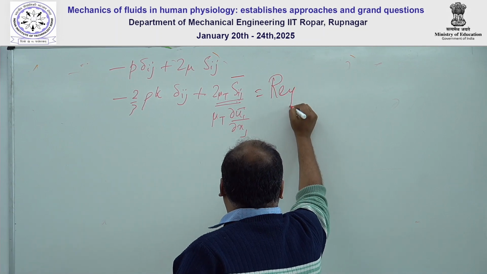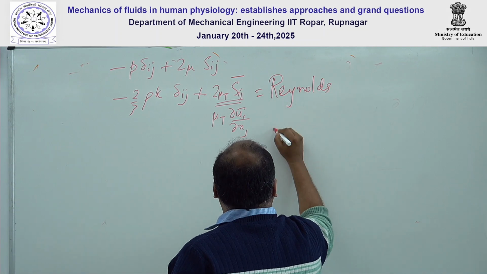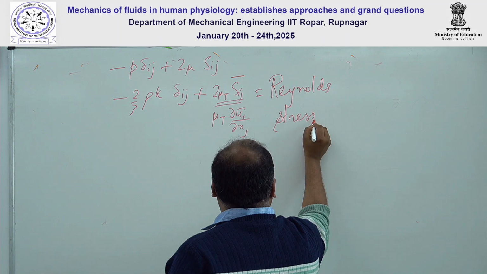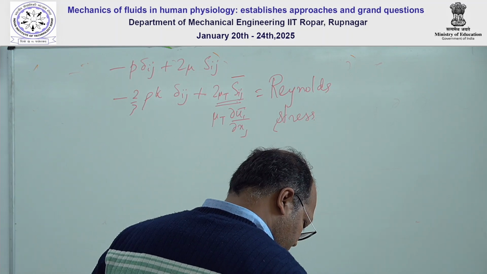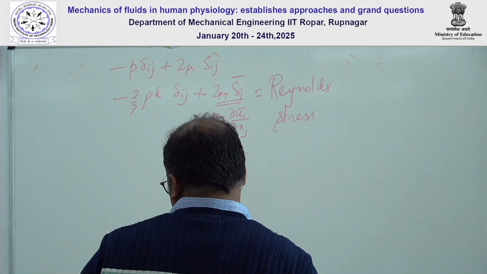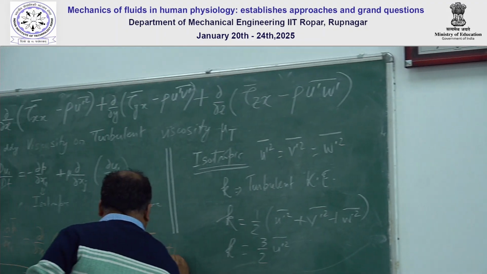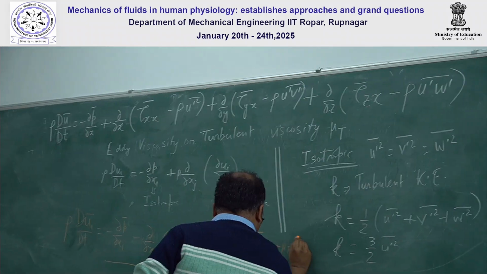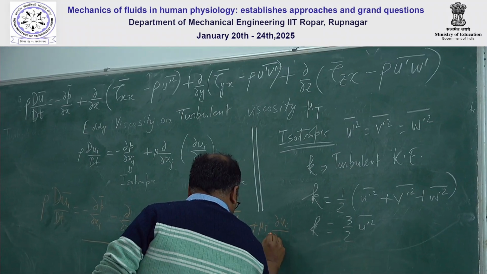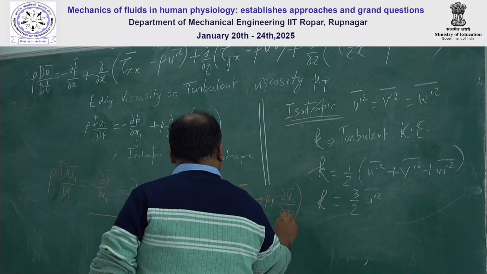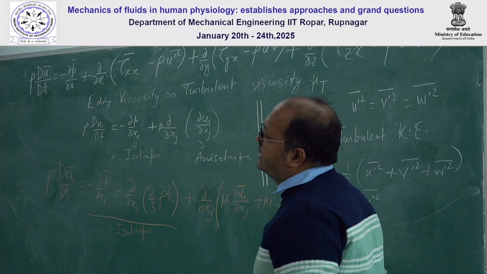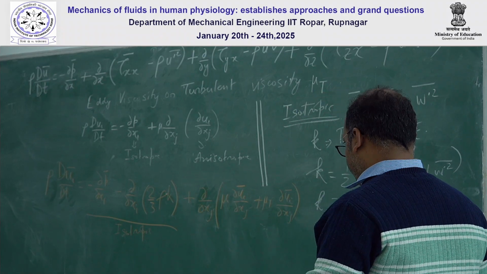So this is the Reynolds stress here, and if we write it this way, we will be getting this plus mu_t del y del x. And this mu_t, we just said, is the turbulent viscosity.